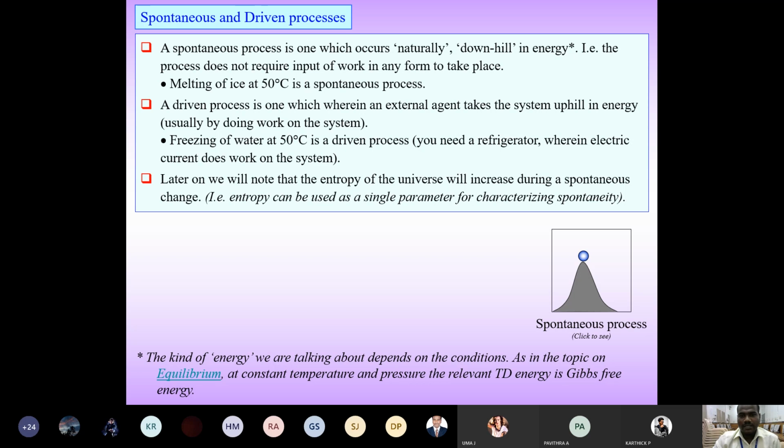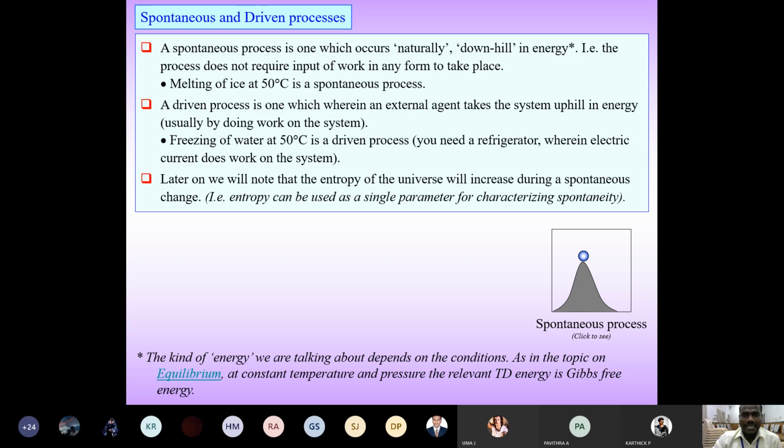It is a kind of energy which, by calculating it, gives the free energy. This is basic physics, so you need not bother about this. Just remember that a spontaneous process is one which occurs naturally.